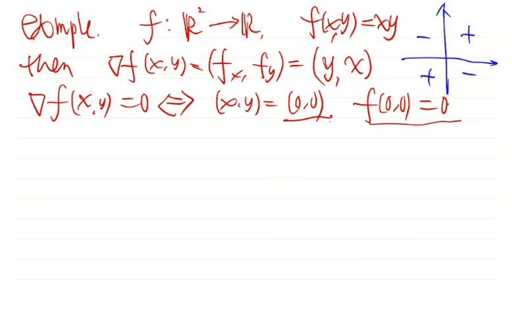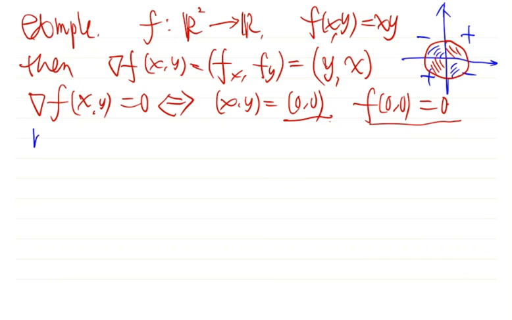So for an arbitrarily small neighborhood of the origin, this small neighborhood contains a point where f is positive. It also contains some point where f is negative. So 0 could not be a local minimum. So the origin is not a local minimizer.